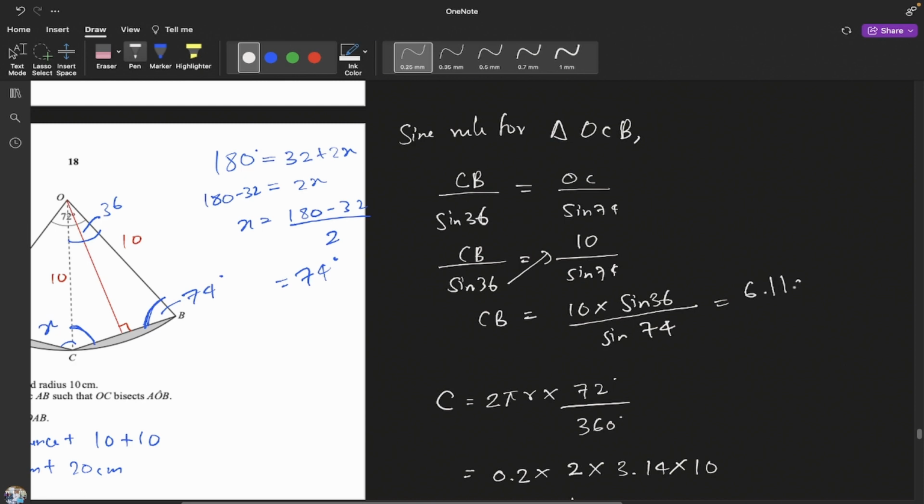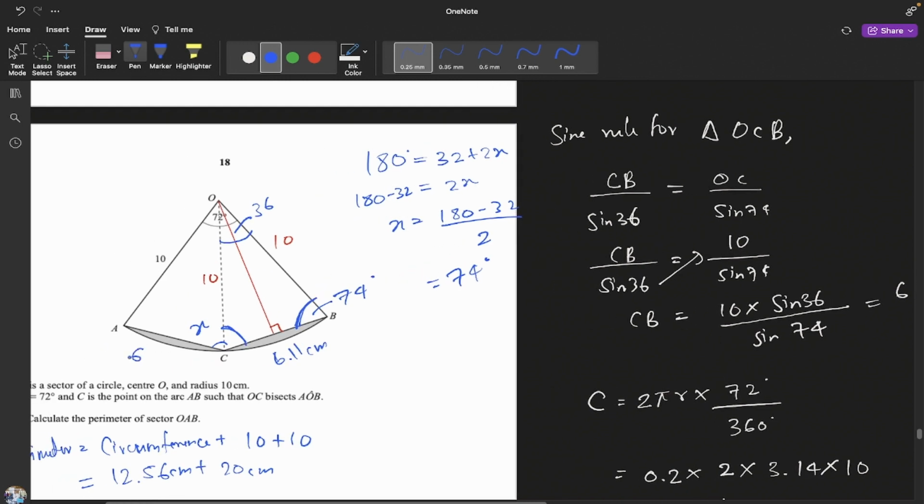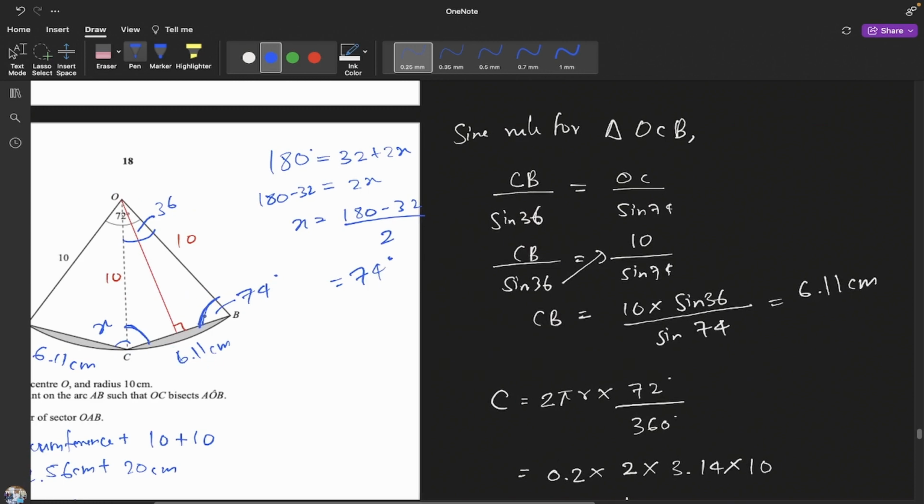It's always advisable to keep your answers in 2 decimal places. So the CB length is 6.11 centimeters. I told you this side CB is equal to AC, so AC is also 6.11 centimeters. Okay, that's good.